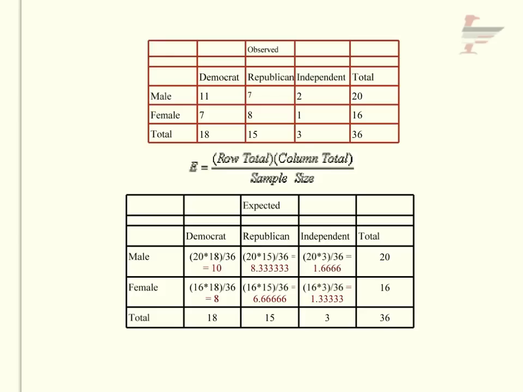So if I want to know what I would expect for male Democrats, right here, I would take the row total times the column total divided by the total sample size, and that would be 10. And I can do this for each cell and figure out all the expected counts.